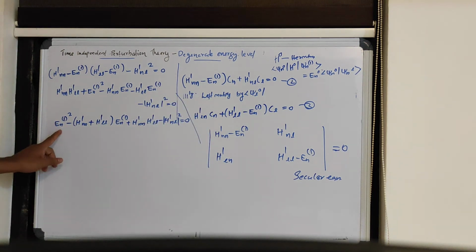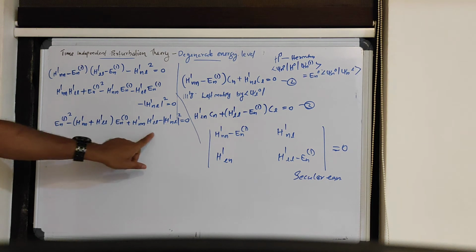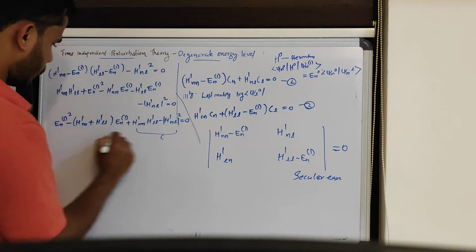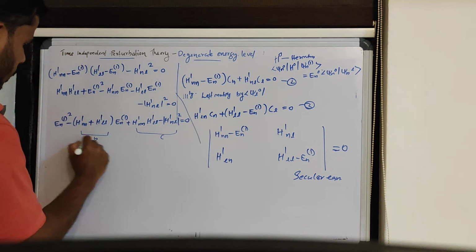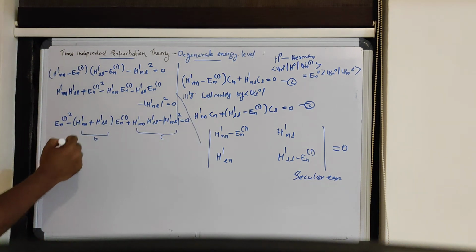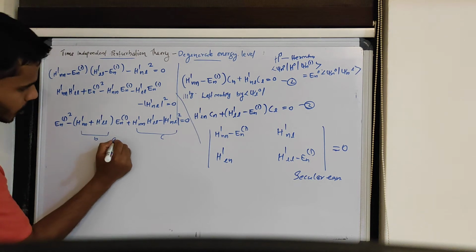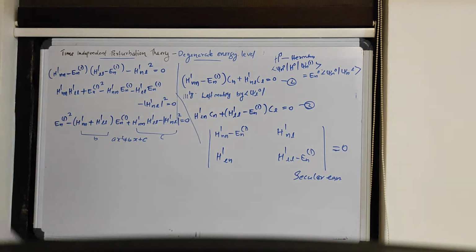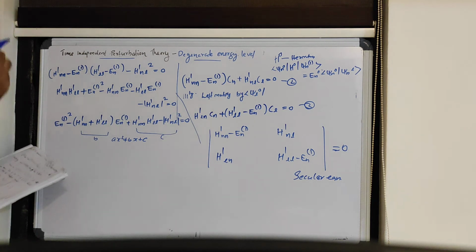This is in the form ax square plus bx plus c. This is c, this is b, and here a. So in this form ax square plus bx plus c, I can take the solution for this.